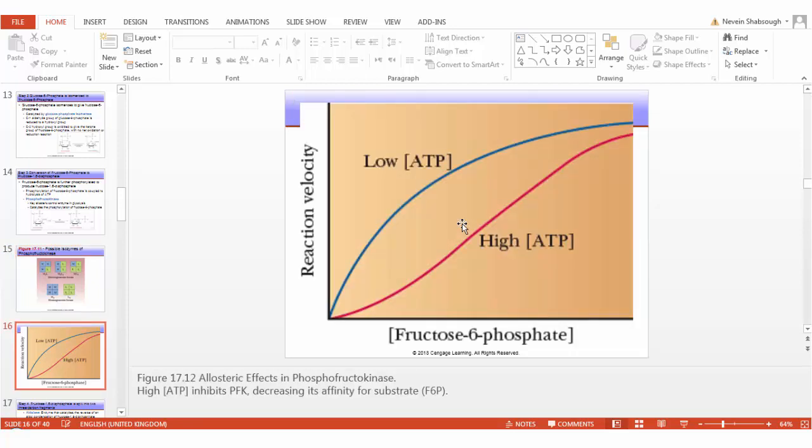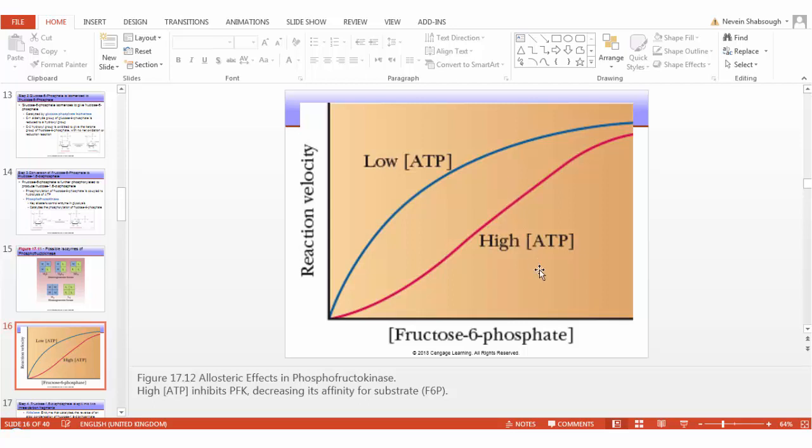Now this figure shows us the allosteric effect in phosphofructokinase. ATP here is an allosteric effector in the reaction. When ATP is high, the curve is sigmoidal and it inhibits phosphofructokinase, so the rate is depressed. However, low levels of ATP stimulate the reaction.